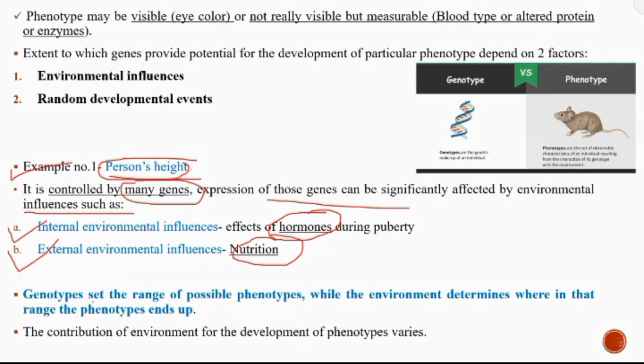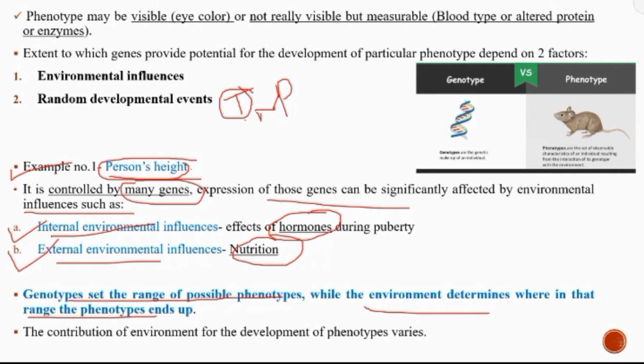So, genotype will set the range of possible phenotypes. What does genotype do? It sets the range of possible phenotypes. A person can be tall, short, or of moderate height, etc. The environment will determine where in that range the phenotype falls, whether internal or external.